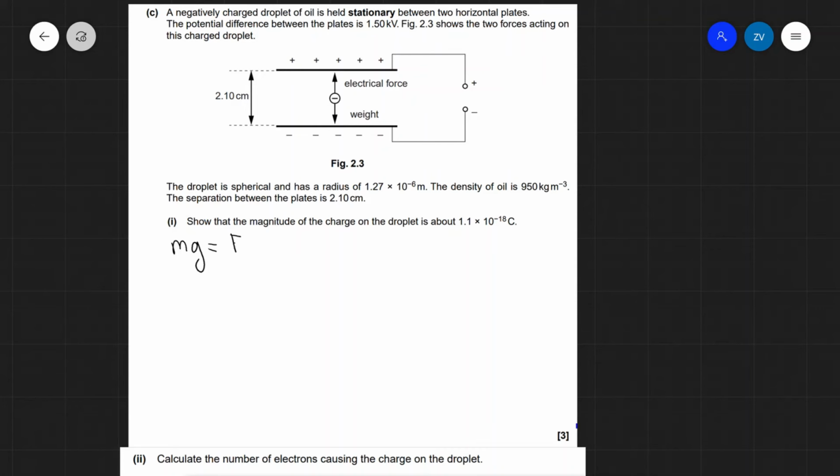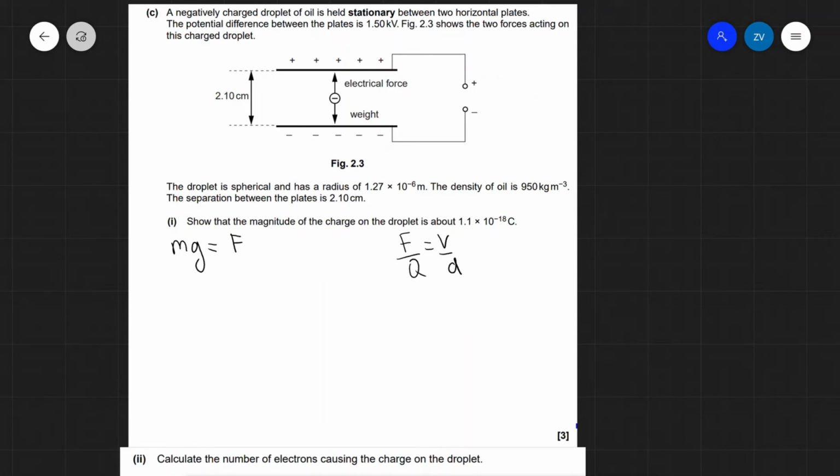Because we know that the potential difference is 1.5 kilovolts and we know the separation, we can figure out the electric field using V over D. And once we know that, the electric field is the force per unit charge, like so.